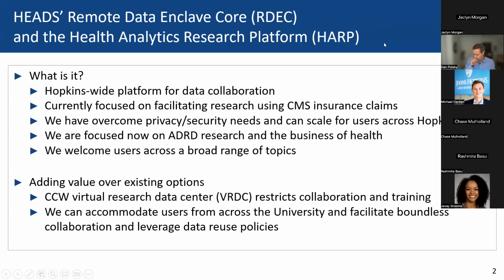So the goal here, we call it, there are many names for how we facilitate access to, right now it's mostly claims data, but the infrastructure is set up to continue to expand. We really started this venture with the need to not only, there are a number of places around Hopkins that are generally accessible remotely from across the university, and also from people that are connected to the university but maybe sit outside the university, to access a number of data sets that are open but also licensed to the Hopkins community.